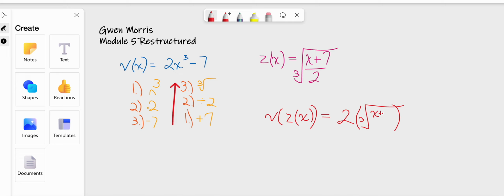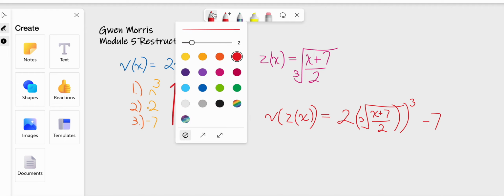I'll just write this out and then I'll go over what it is. Basically, if I go back to the original, 2 times x cubed, my new x, when I'm composing these functions, is all of this here in my z of x. So I'm plugging all that in, then putting it to the third power since that's in the original function, and then subtracting the 7 since that's in the original function also.